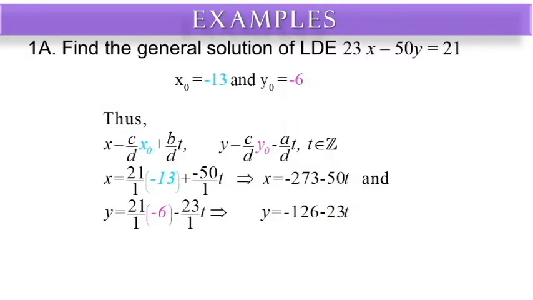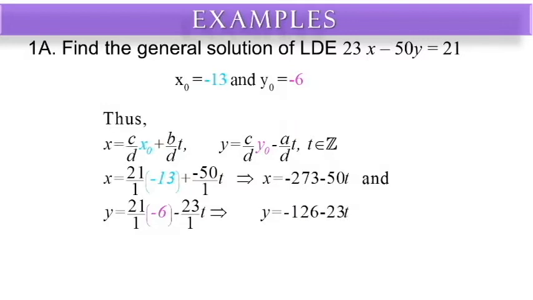So we have x is equal to negative 273 minus 50t, and y is equal to 21 over 1 times negative 6 minus 23t over 1.